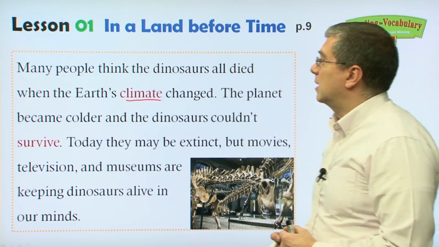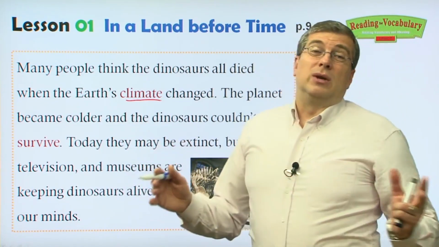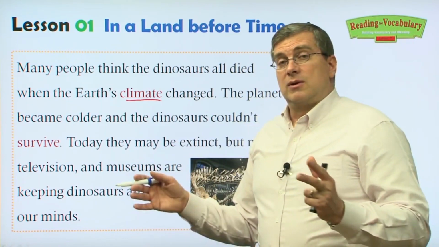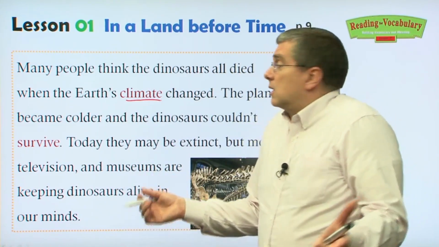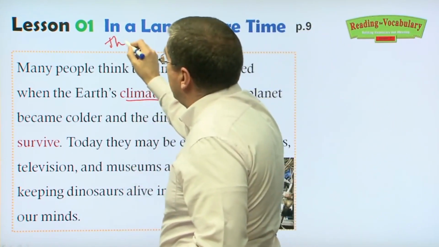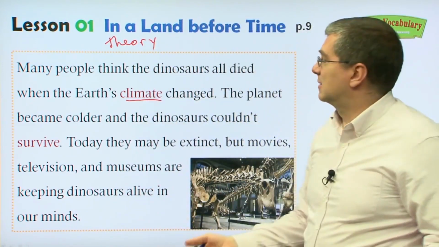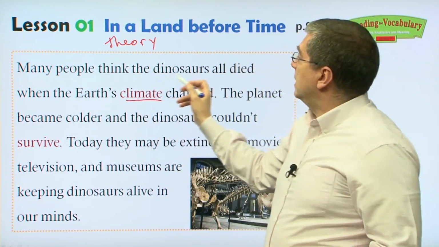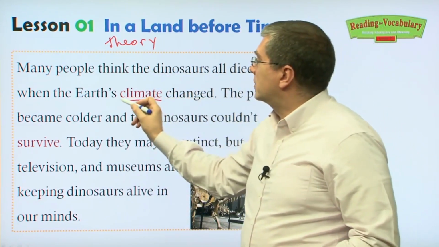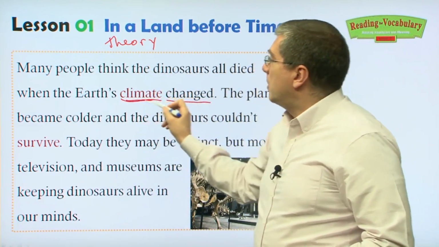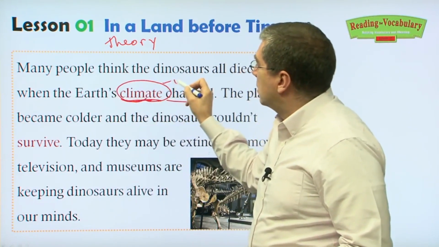Okay, so what does this say here? There are many theories about why the dinosaurs died out. We don't know for sure, right? There are many theories. A theory is an idea or a guess. Many people, one theory is that the dinosaurs died when the Earth's climate changed. Remember, climate means weather.